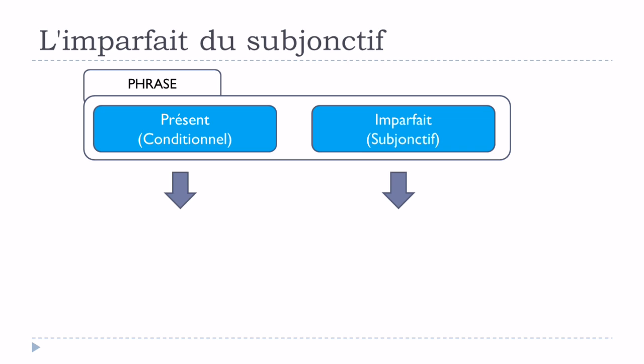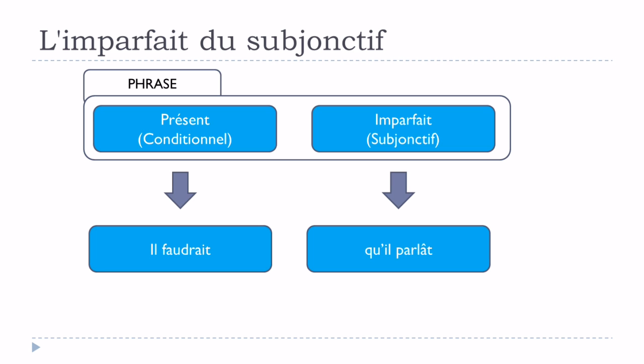If you would like to have this il faudrait qu'il parlât, as I said, it could be correct, but in most of the cases you won't see that anymore, because people tend to use the previous example that I gave you, in which you've got in the principale le présent du conditionnel and in the subordonnée le présent du subjonctif.